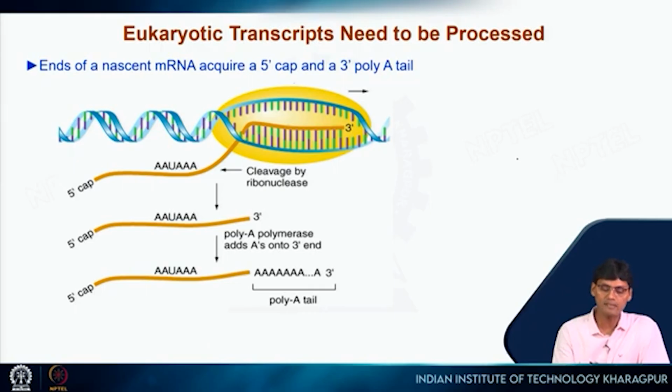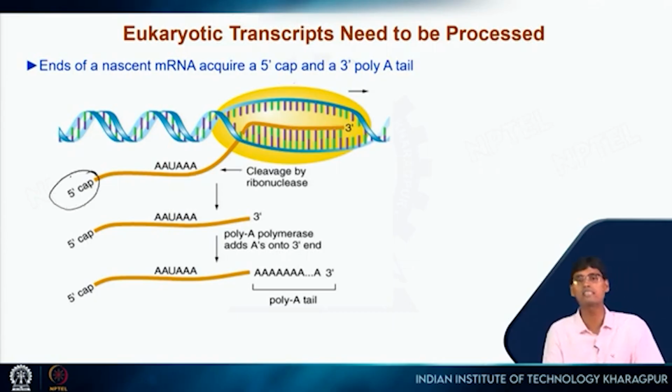As you can see, while the RNA is being synthesized, the 5 prime end of this nascent RNA, nascent messenger RNA, is attached to some kind of modified nucleotide, here a modified guanine residue, that is called 7-mG.